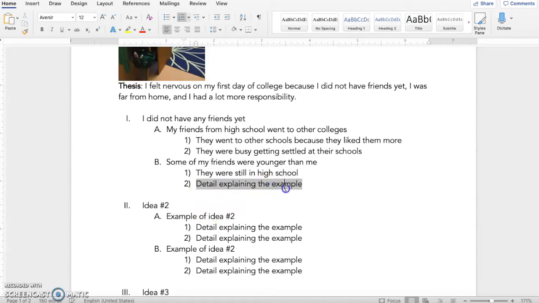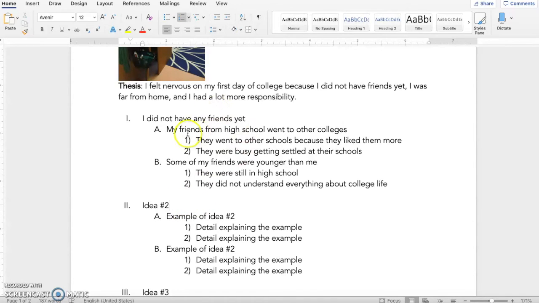And if they're in high school, I will get to that point later in the essay, but I moved away for college, meaning I wasn't home. So if they're still in high school, then they were not around me at the time. And also, they did not understand everything about college life, because things change a little bit when you go to college, and maybe we weren't able to connect as much anymore.